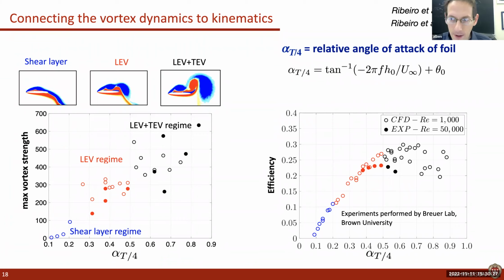So the efficiency is basically like the lift force times the velocity divided by the power of the free stream, which is the same for all these different angles of attack. Is that right? Yes, you're correct.